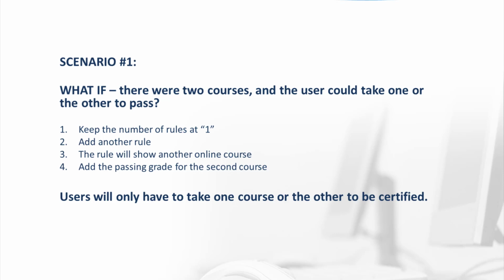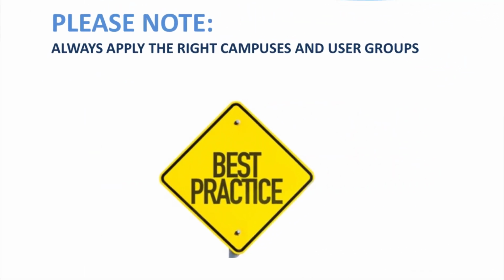We'll still add the passing grade, but now the users will only have to take one or the other in order to be certified. Again, always make sure that you apply the right campuses and user groups, and when you save it, the certification or the certificate will now appear on the list of your certifications.